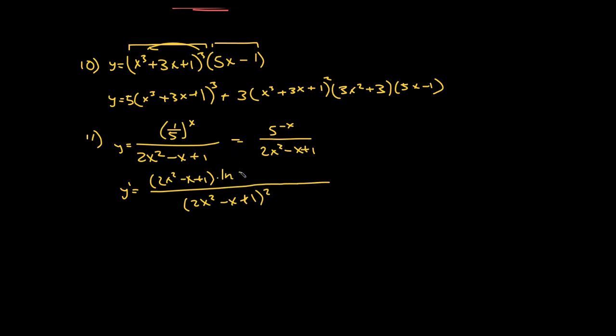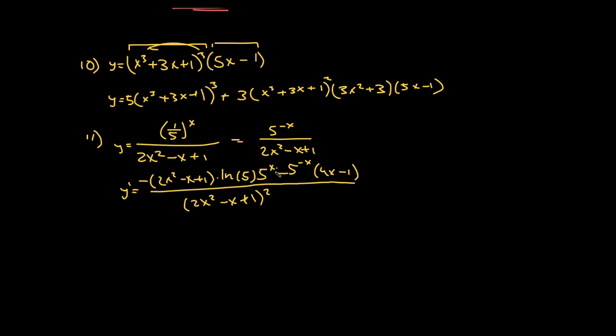And just use the natural log of the base times 5 to the negative x times negative 1. It's quite a derivative, this one. And I have to do minus just the regular top part, 5 to the negative x. And then do the derivative of the denominator, that's going to be 4x minus 1.